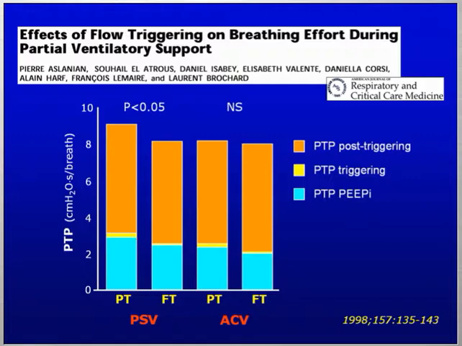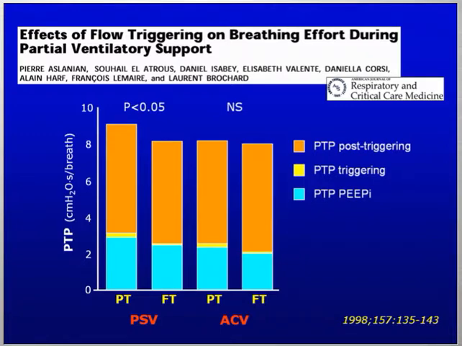So there was a small effect, and because there were other benefits of the flow triggering, we observed something significant. But with assist control ventilation, which maybe was not optimally adjusted for the patients, even with this slight difference, we were unable to see a net effect for the patient.